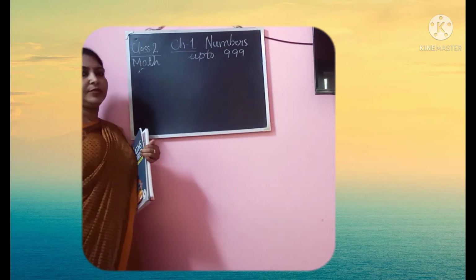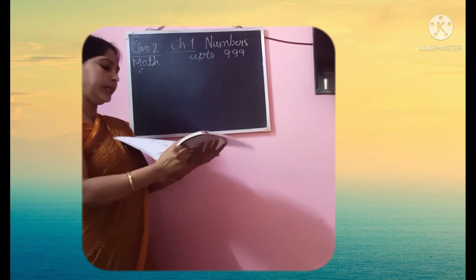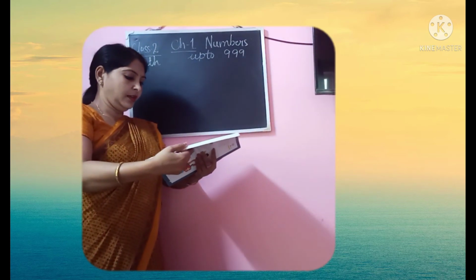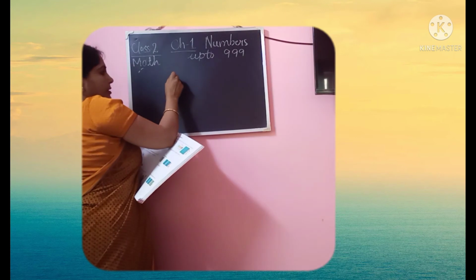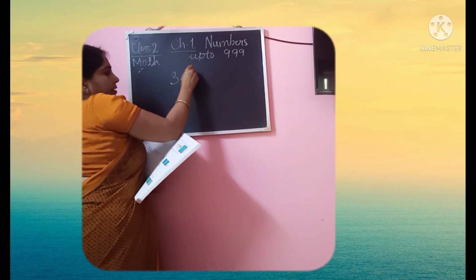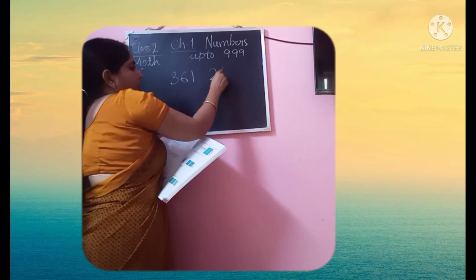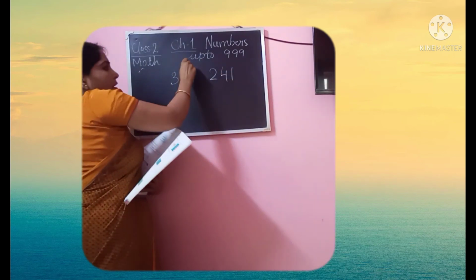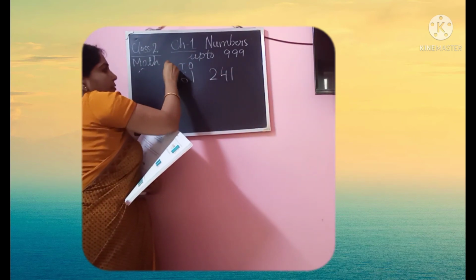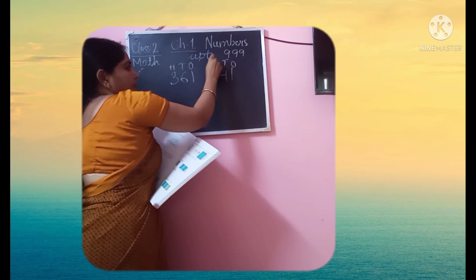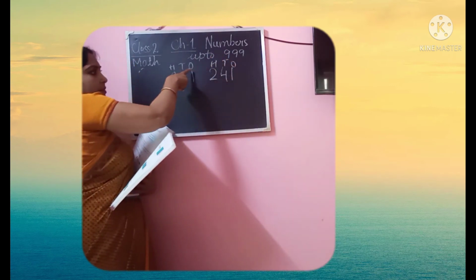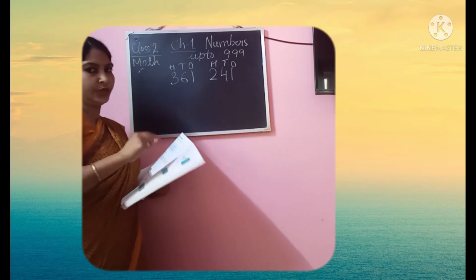Let us take one example from your book itself. I am taking two numbers, 361 and 241. Both are 3-digit numbers. Ones, tens, hundreds.